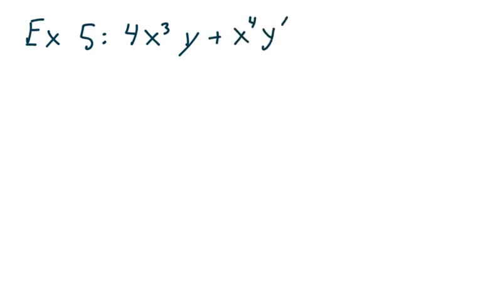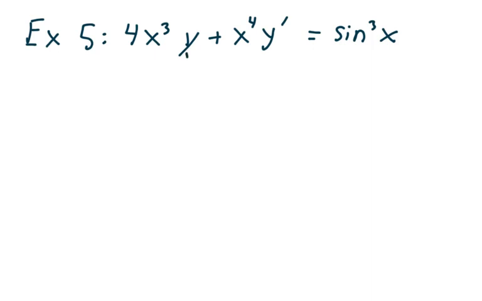Let's take a look at one more example for this video. We'll take a look at example 5. Suppose I had 4x cubed times y plus x to the 4th y prime is equal to sine cubed x. This problem is interesting because I want you to notice something.